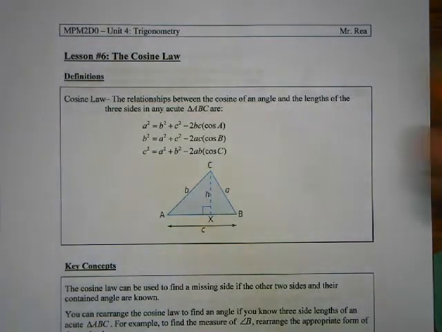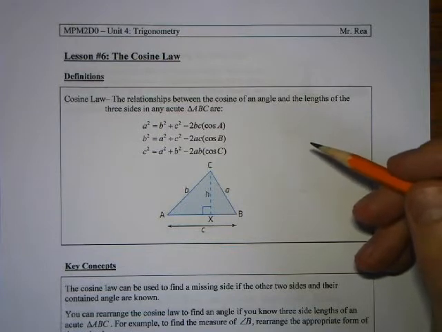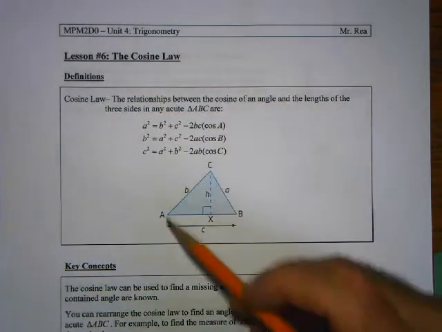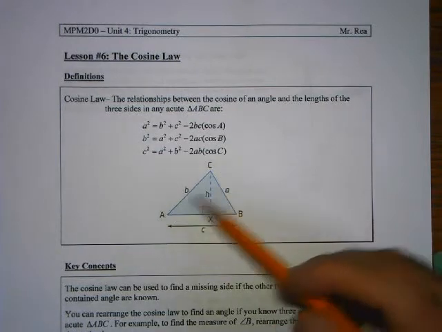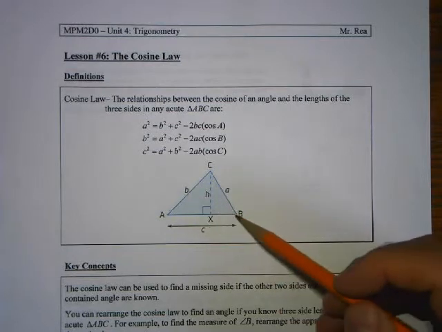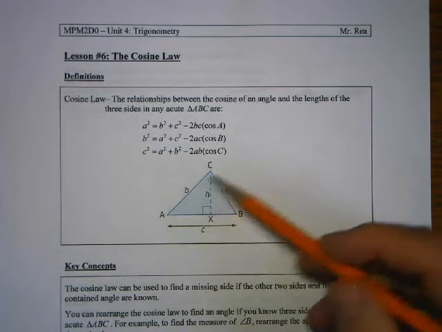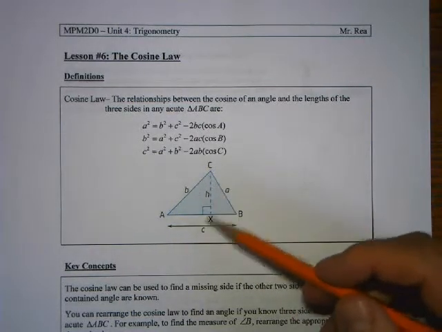So I won't restate the formula here, but in order to use the sine law, you had to know certain information. Okay, so you had to know, for example, in this triangle here, ABC, an angle and its opposite side. Didn't matter which one. And in addition to that pair of information, you had to know one other piece of information, one of the other 2 angles or one of the other 2 sides, and you could use sine law.